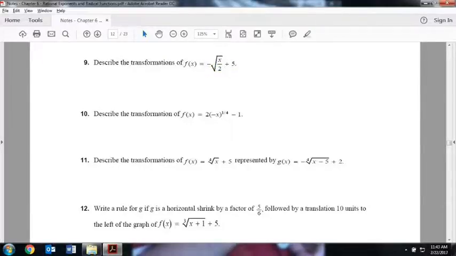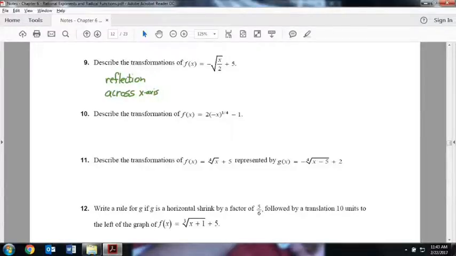That negative out front, if you're multiplying or dividing by a negative, that is a reflection. It is outside, so it affects the y values, but it goes across the x-axis. Because if I make a y negative, I go across the x-axis.